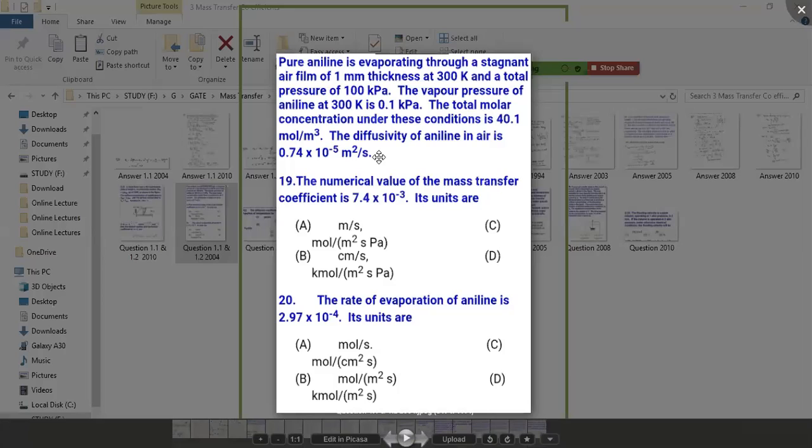Total molar concentration on this condition is 40.1 mole per meter cube. DAB value is given, 0.74 multiplied by 10 raised to minus 5 meter square per second. They ask us to calculate the numerical value of the mass transfer coefficient, which is 7.4 multiplied by 10 raised to minus 3, and what is the unit?